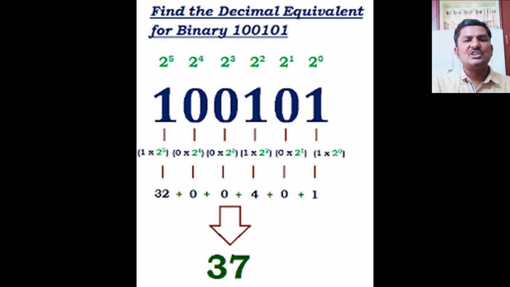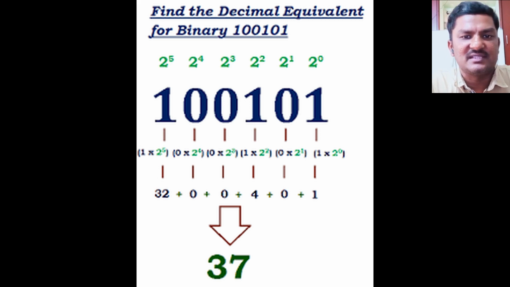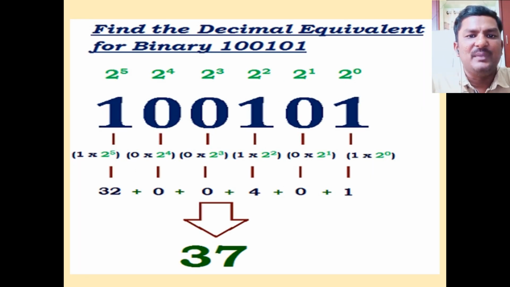So 100101 base 2 is equal to 37 base 10.